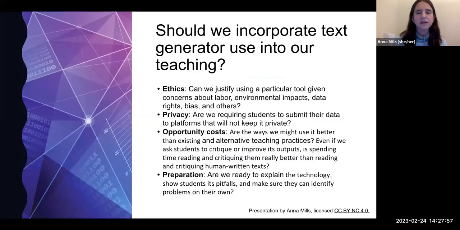So, the other questions that come up that we might want materials on. Should we incorporate this technology into our teaching? It does offer endless possibilities for new pedagogy that can be very exciting. And there are some serious cautions, I think, that we should consider before we jump to that.